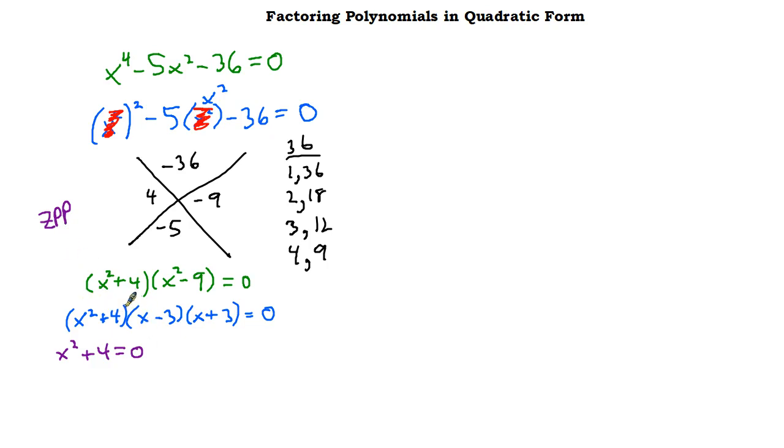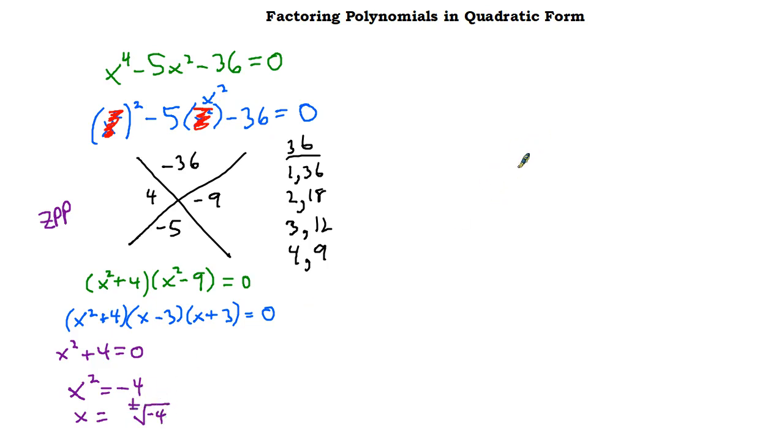Essentially, if I have something times something times something and it equals 0, then either this is 0 or this is 0 or this is 0. That's all it means, okay? And so what we'll do is we'll set each of those binomials to 0 and then we'll solve. So in this case, we get x squared equals negative 4. And so you should know what's going to happen next. That's going to be x equals the square root of negative 4, and that's a plus or minus.